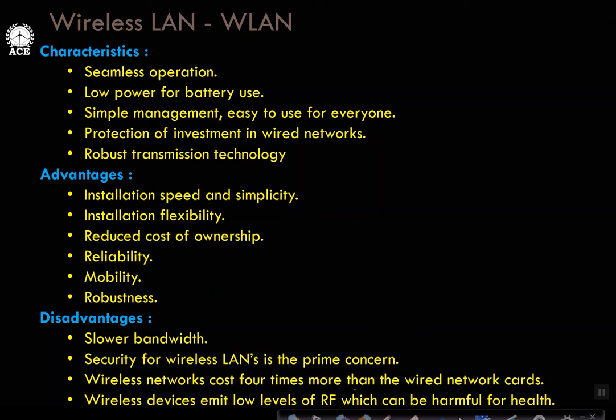Wireless network cards cost four times more than wired network cards. Wireless devices also emit low levels of radio frequency, which can be harmful. Many a time we see viral messages saying you should keep your cell phone away from your heart or chest. So there may be some threats. These are some of the relative merits and demerits.